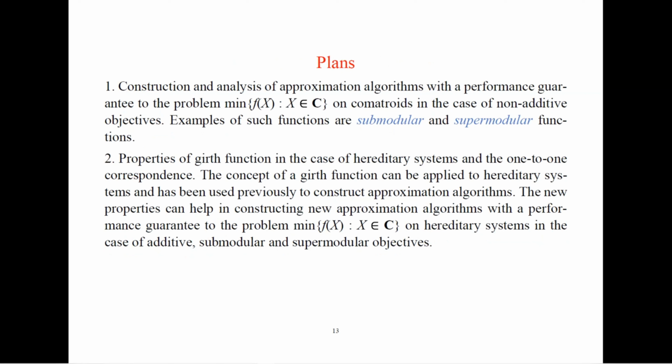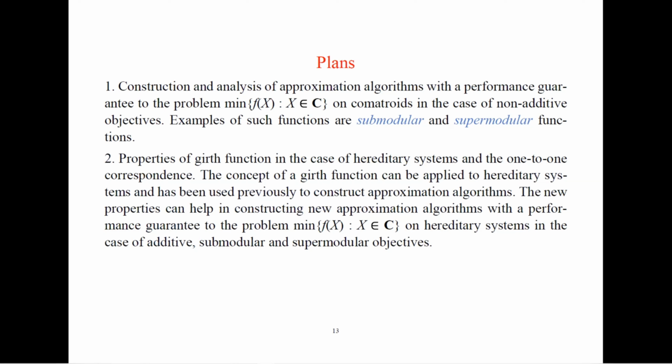We have the algorithm that always finds the optimal solution. But as I said, it finds the optimal solution only to problems with additive objective. And for instance, if we have another function, submodular or supermodular, we don't have any algorithm which guarantees to find the optimal solution. So from this point of view, these properties could be used to find some approximation algorithm.